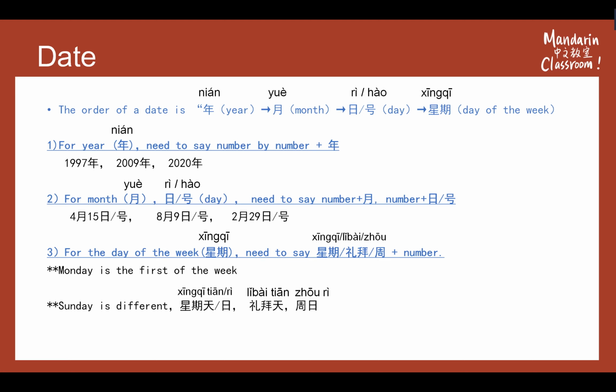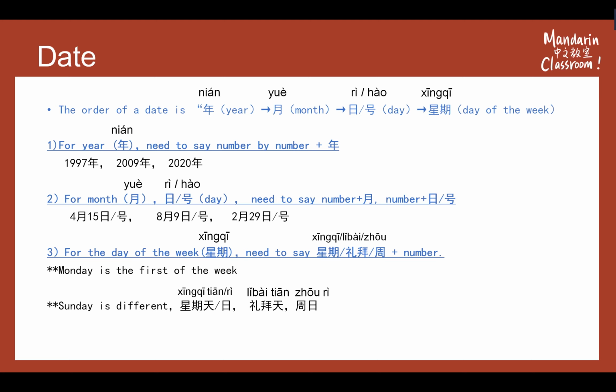So let's see the examples. April 15th. How could you express it? Just say the number plus 月. April is the fourth month, so it's 4月. And 15, it's 15日 or 号. But in daily conversation, we prefer to express it as 4月15号. Okay, and the second is August the 9th.